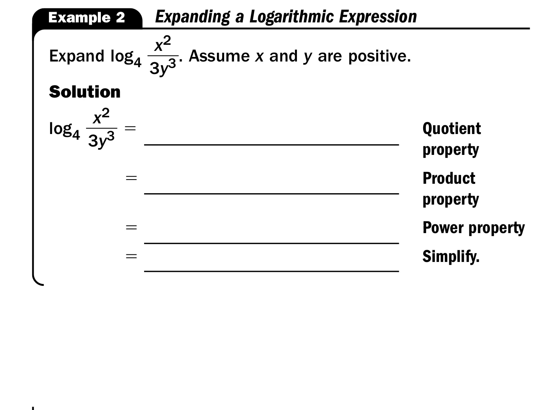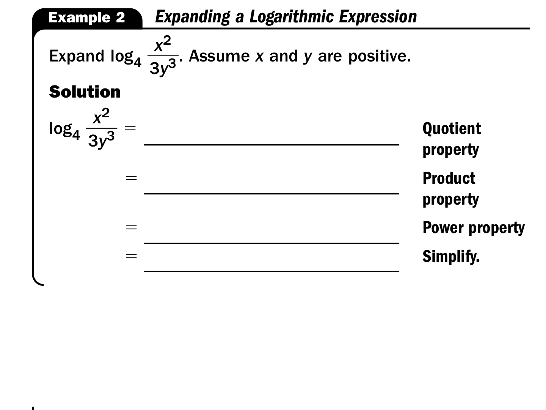Now the next thing that we're going to talk about is example 2, expanding a logarithmic expression. So in other words, we're going to use our properties to expand the logarithmic expression, in other words, to get it out to its base components. So I have log base 4 of x squared over 3y cubed.